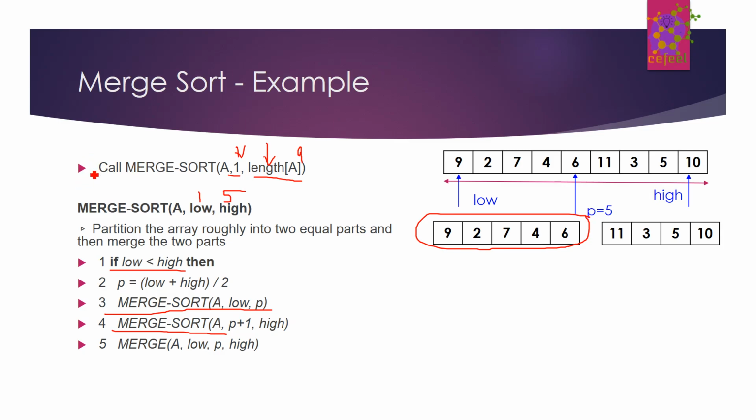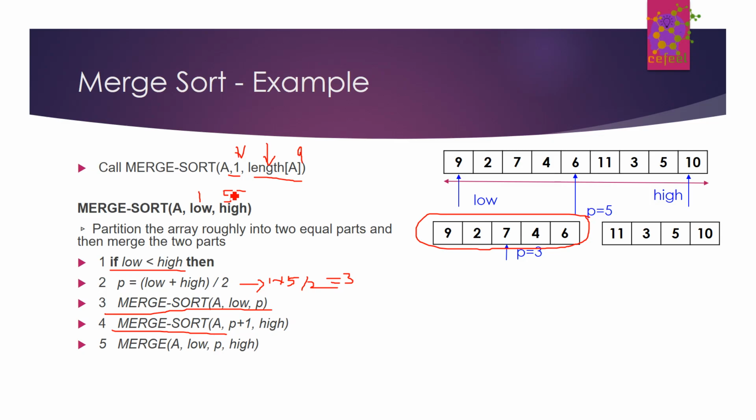In this case 1 and 5, 1 is definitely less than 5, so it will go to step 2 again, and p will be low plus high by 2. In this case 1 plus 5 is 6, 6 by 2 is 3. So the new value of p is 3.